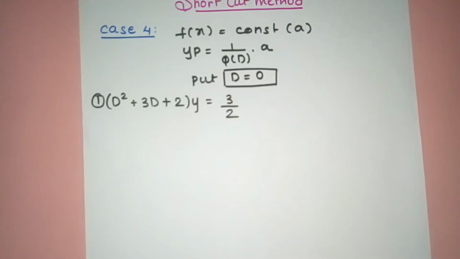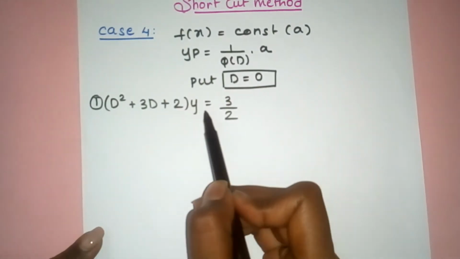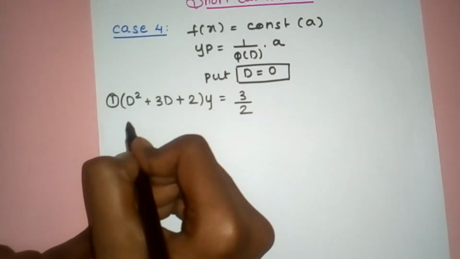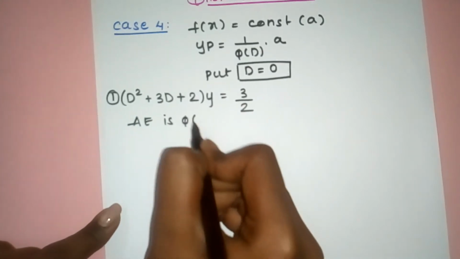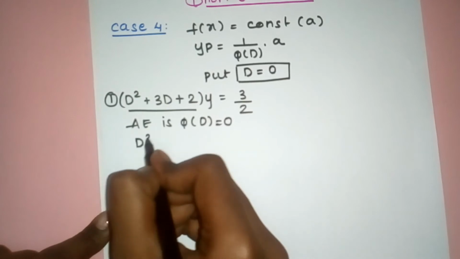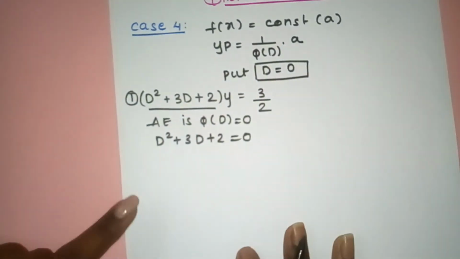In the example, it is D square plus 3D plus 2 y is equal to 3 by 2, which is the constant. So first we'll take yc. We'll put the auxiliary equation, A.E., phi of D is equal to 0, meaning this part will be equal to 0. So D square plus 3D plus 2 is equal to 0.